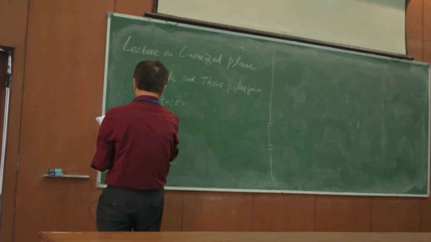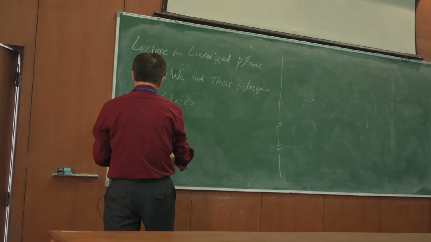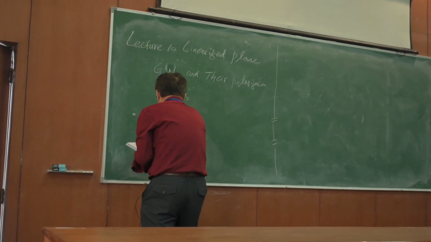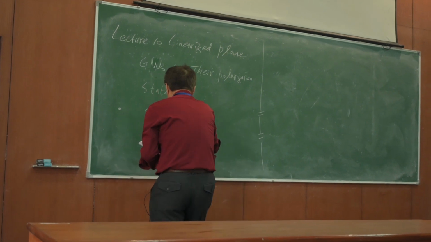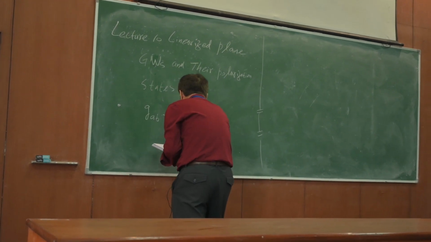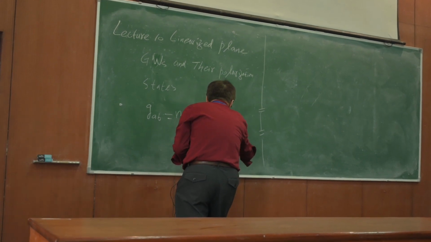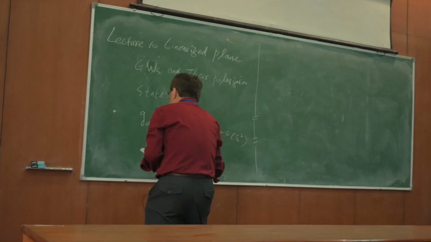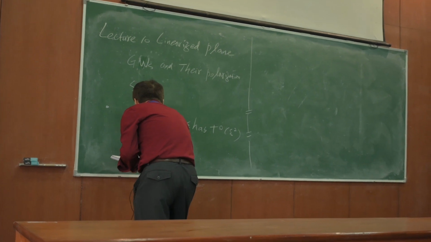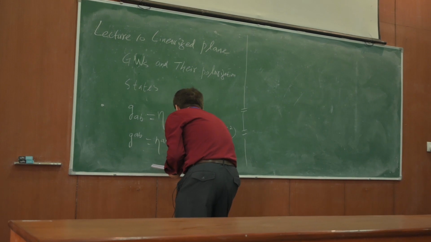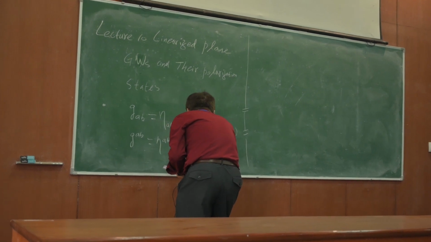so just let's review what we did yesterday. We assumed that the G AB can be written like eta AB plus H AB of this order, and the inverse G AB equals eta AB minus H AB plus.